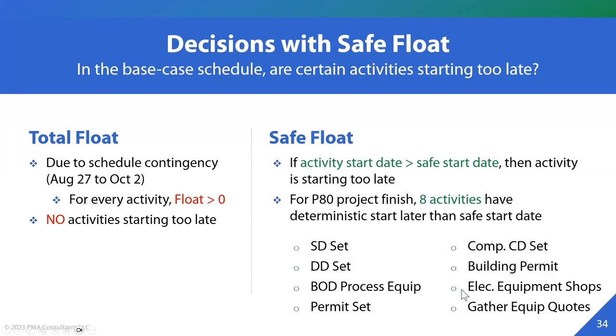And so you can mitigate the deterministic schedule early on to say, can I move these tasks earlier? Can I parallelize some work so that these tasks start earlier? Some mitigation measure to take on these 8 tasks that do happen to start too late according to the deterministic schedule.